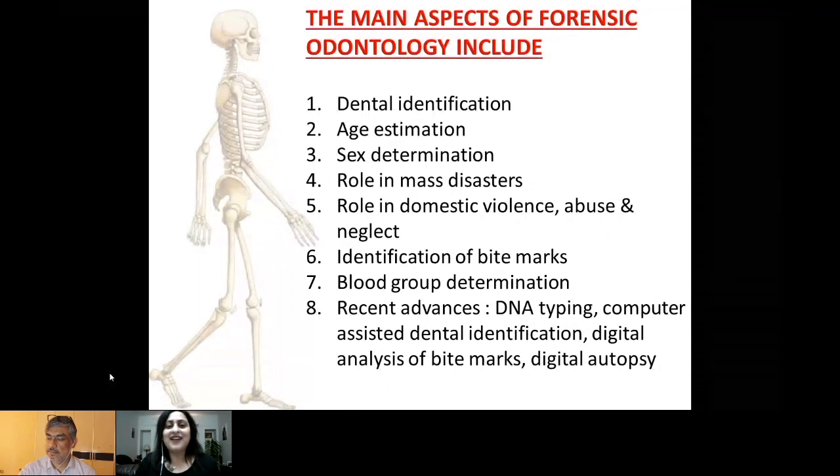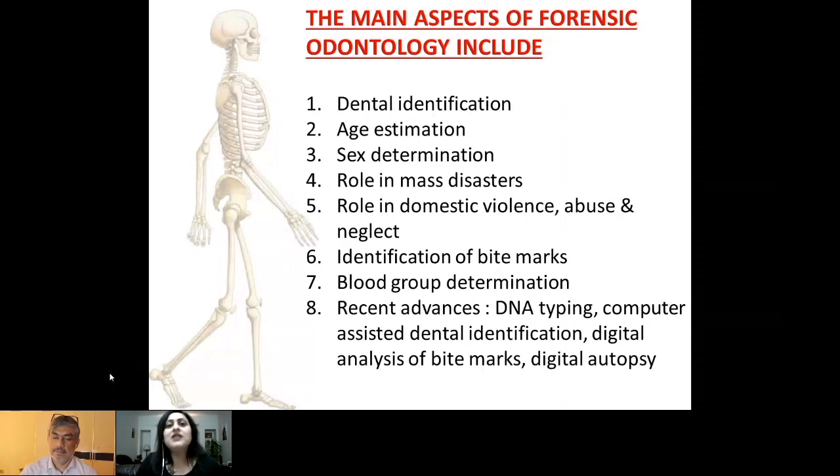Age definitely carries a lot of importance, because as we age, the wear and tear of the natural dentition happens. That is also useful in determining the age of a person, and in mass disasters, all this is very useful.